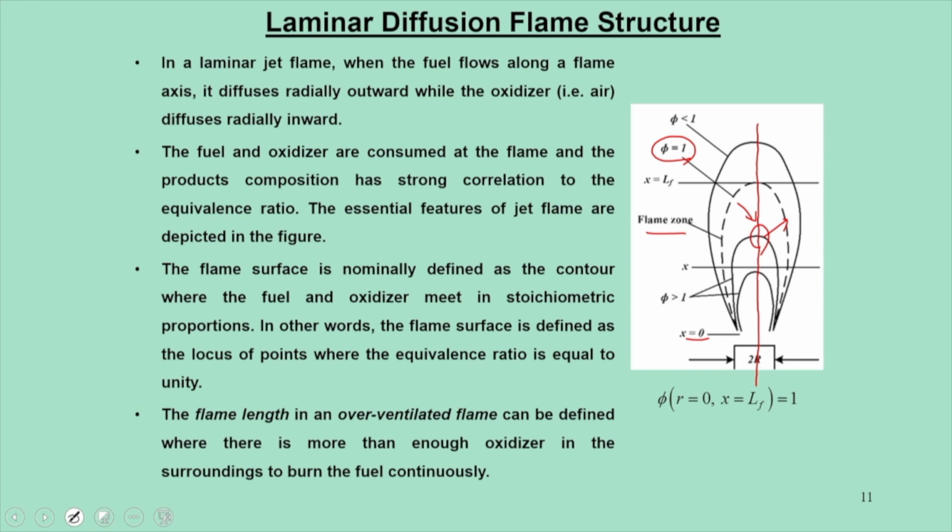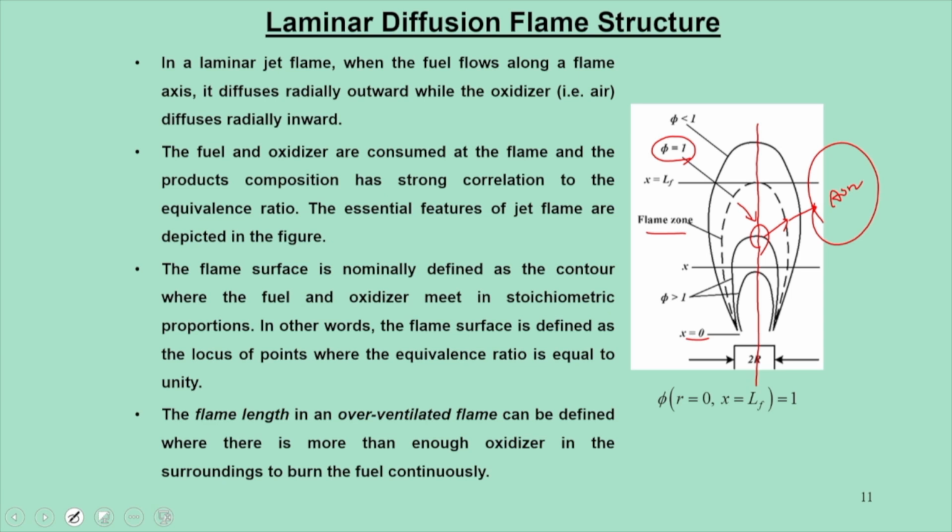Then beyond that line, we are moving towards lean regions. Similarly, if you go far away, beyond this point we can assume the effect of fuel is not present. So we call this the far field region. In this domain, it is completely air.